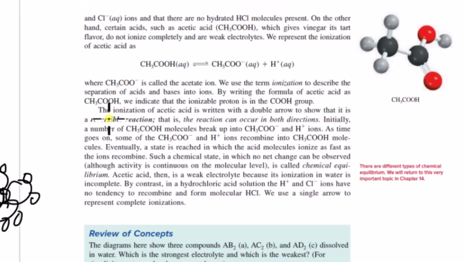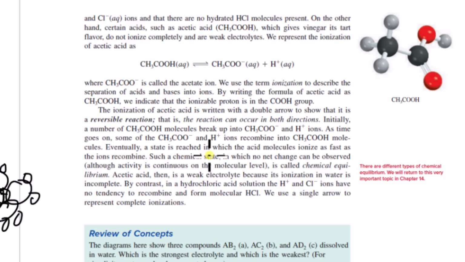The ionization of acetic acid is written with a double arrow to show that it is a reversible reaction. That is, the reaction can occur in both directions. Initially, a number of acetic acid molecules break up into the acetate ion and hydrogen ions. As time goes on, some of the acetate ions and hydrogen ions recombine into acetic acid molecules.